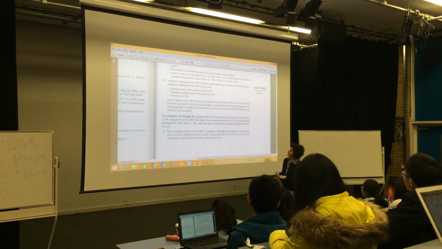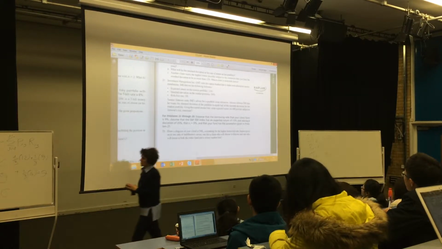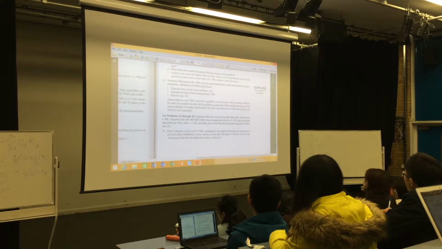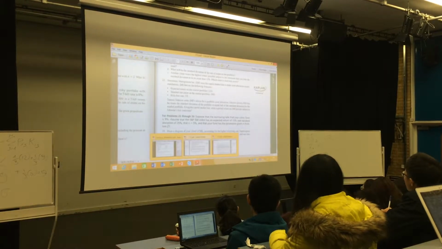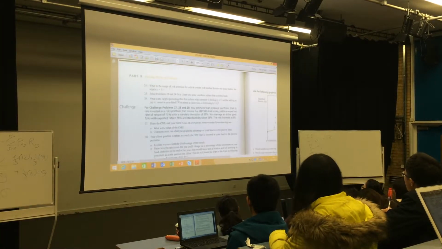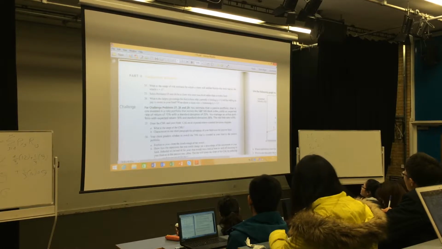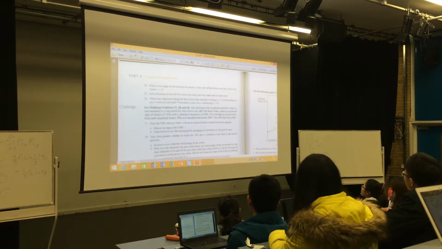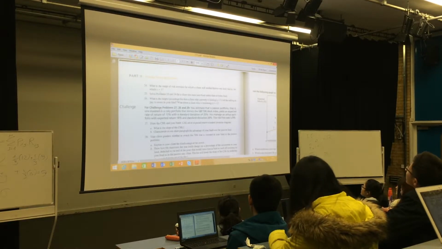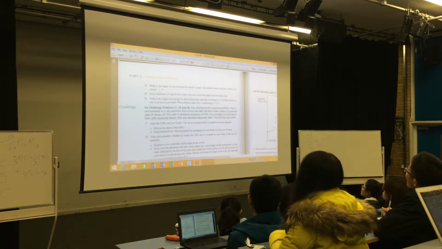So given these numbers, the question is the following. What is the range of risk aversion for which a client will neither borrow nor lend, that is, for which epsilon is equal to 1?